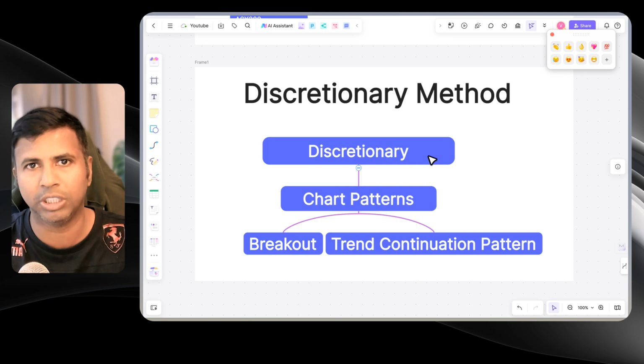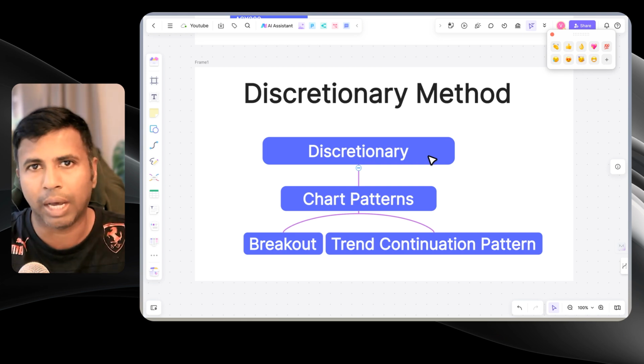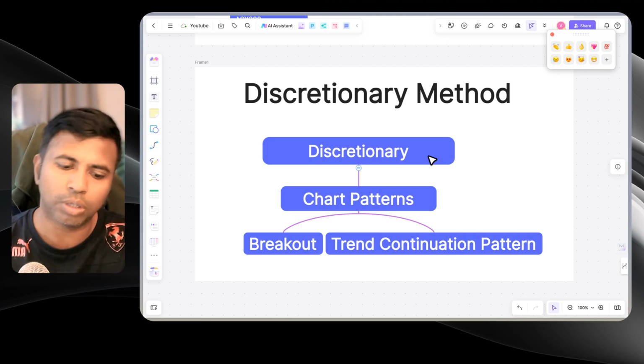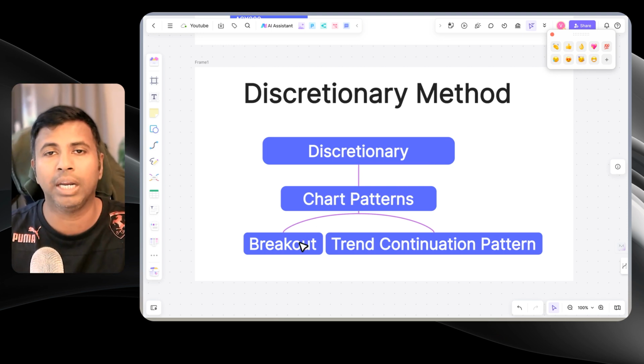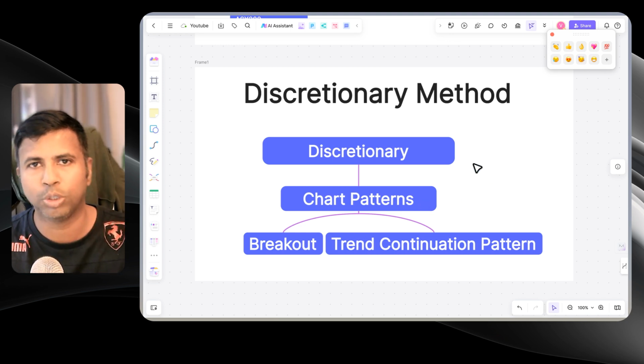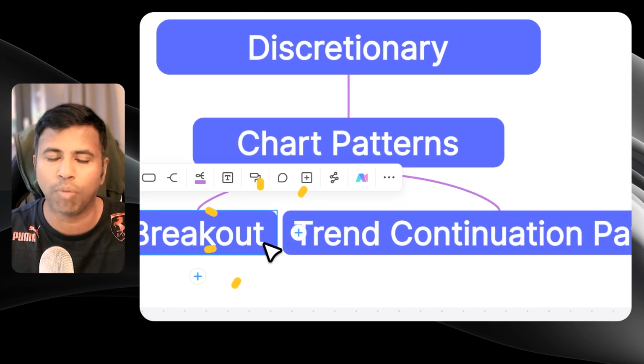Suppose I have 10 positions in my systematic portfolio, I can scan these 10 stocks to find any breakouts or trend continuations that are going to happen. I'll make one more video where I'll show you with chart examples how I look for trend continuation and how I look for breakout patterns.